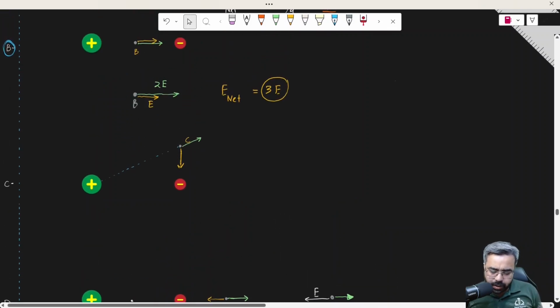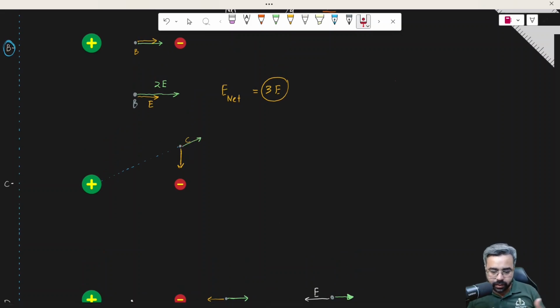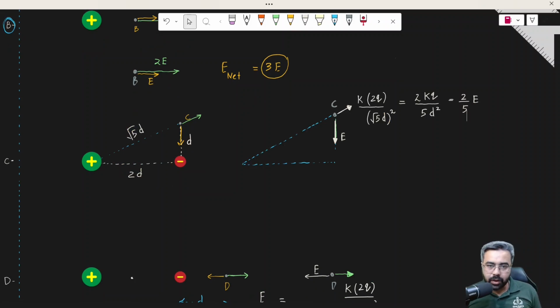And at the point D, you don't need to calculate, because I told you that these two vectors are not in the same line, so it cannot give you the maximum. So option B is the right answer. Last but not least, kindly note down, I have calculated the electric field strength due to both charges, and you can see it is not giving us a maximum value.